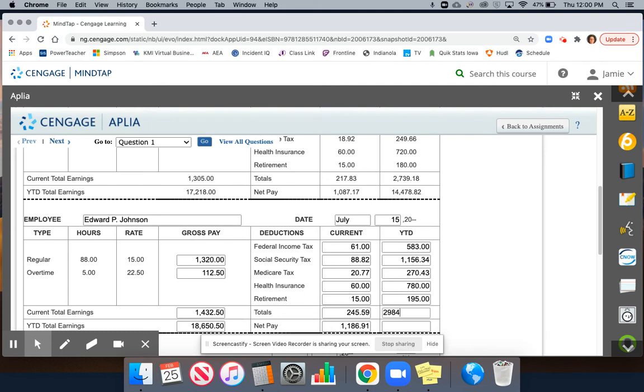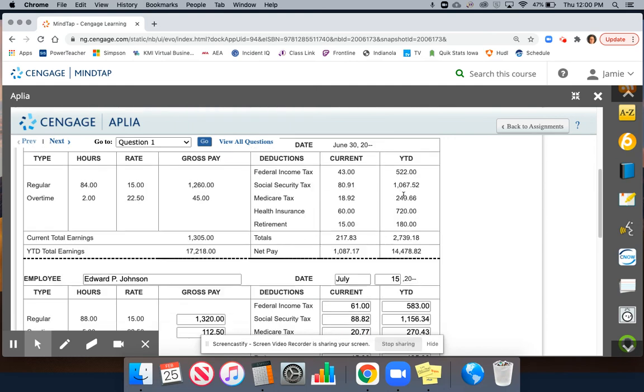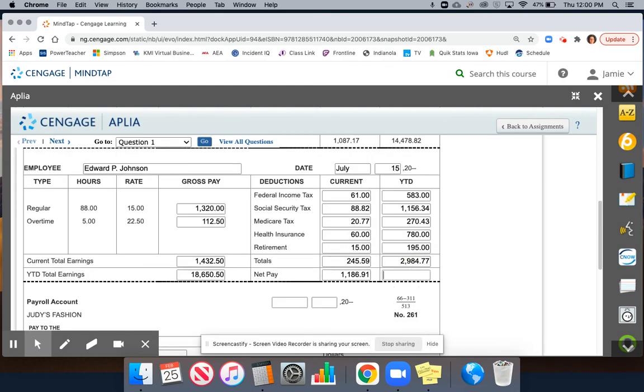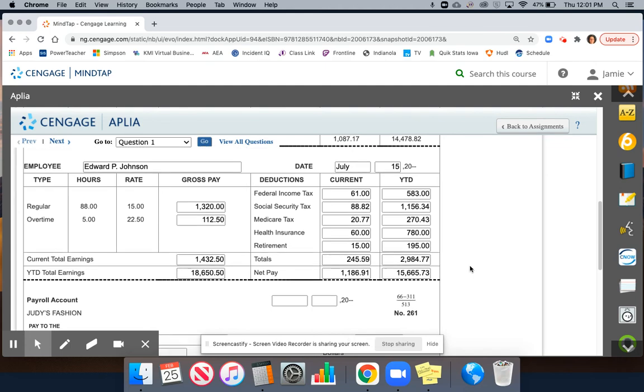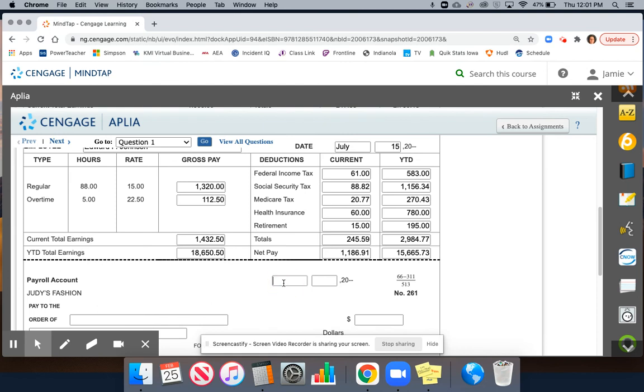Totals, add those year-to-date deductions up. Now our net pay, we will take our net pay from current plus the year-to-date net pay from the check stub up above. Is $15,665.73.